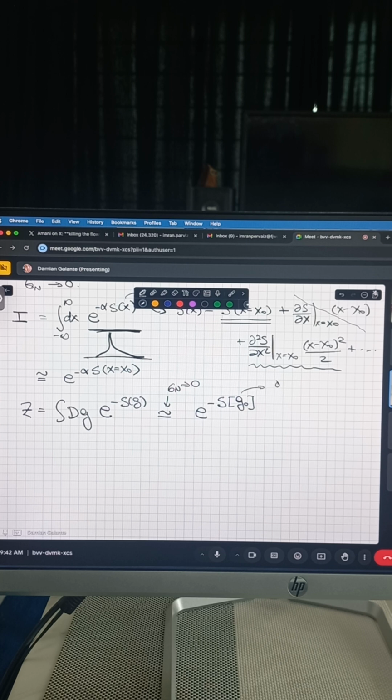That g naught has the property that delta S over delta g is equal to 0. So basically a solution to the Einstein equation. If the Einstein equation has more than one solution, the recipe is to sum over all solutions.